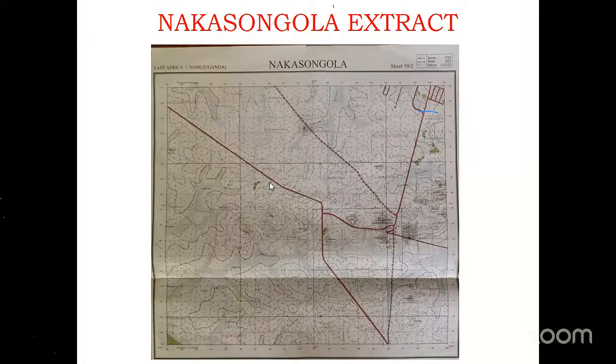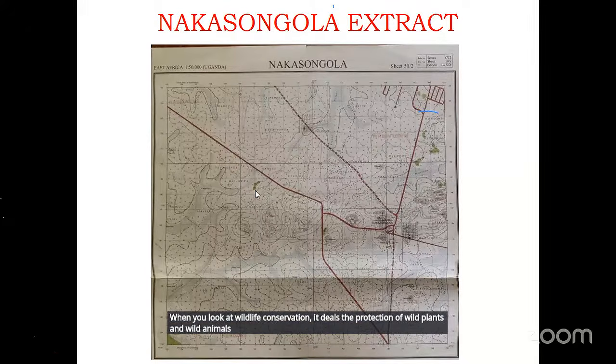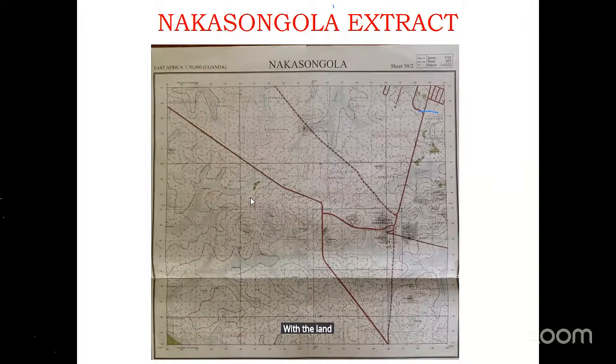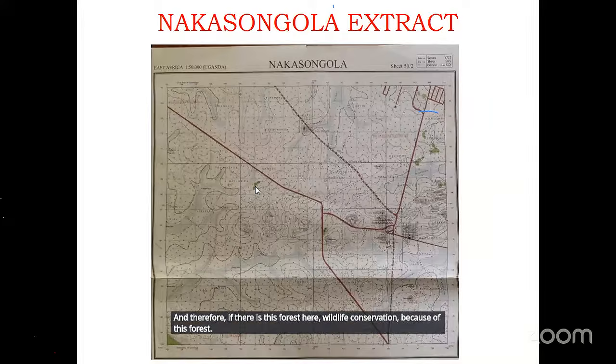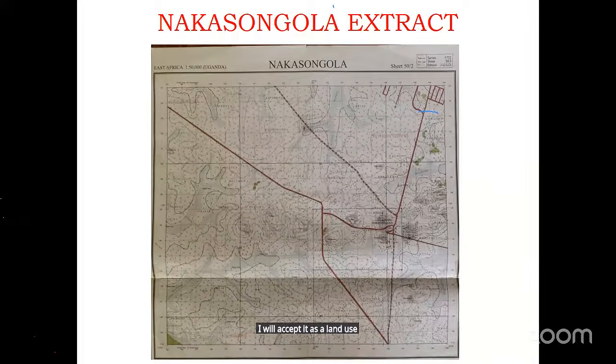By the way, I can also be right if I said wildlife conservation, because wildlife conservation deals with the protection of wild plants and wild animals, fauna and flora, with the land where they are gazetted or protected. And therefore, if there is this forest here, wildlife conservation, because of this forest, I will accept it as a land use.